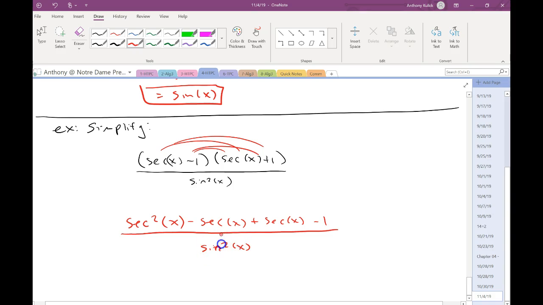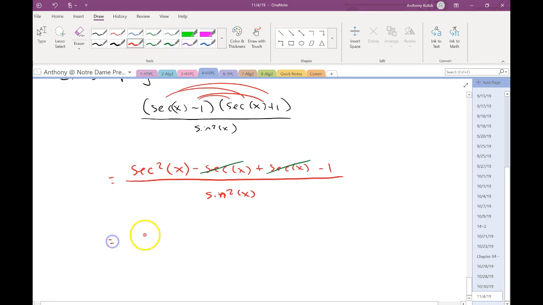I have like a minus b times a plus b. Usually good things happen if you multiply those things out or can factor those sorts of things. So I go ahead and multiplied that out. What do you see here? Yeah, I have a minus secant and a plus secant. Let's get rid of those bozos.